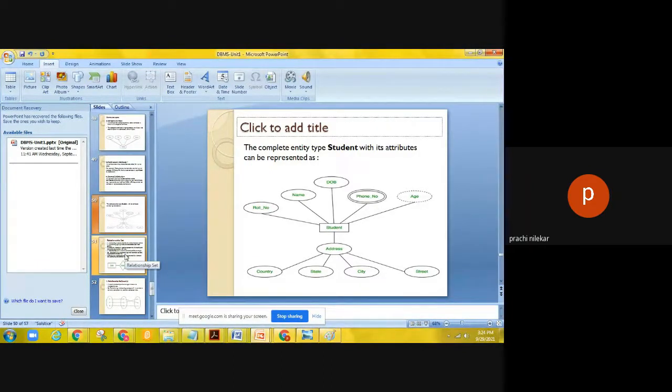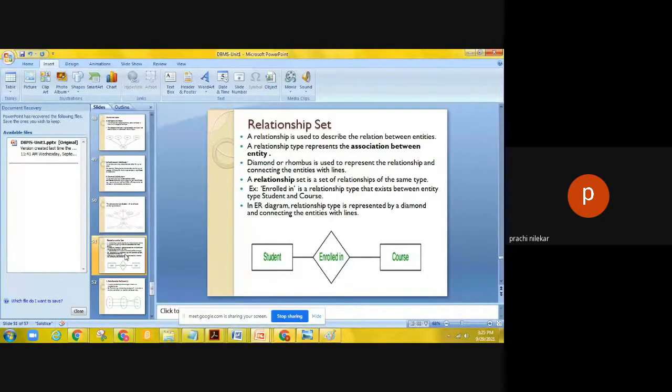Let's move to the next slide. That is the relationship set. Relationship is used to describe the relation between the entities. Entities are the things, objects.